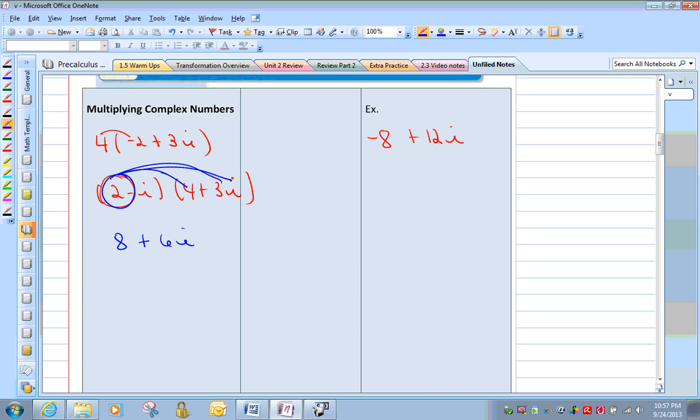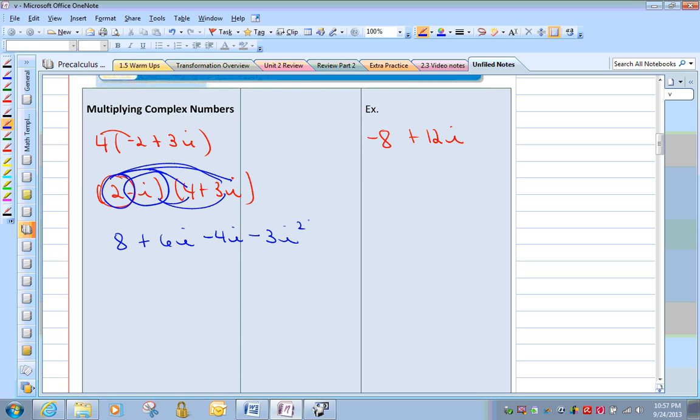And then we're going to take the second term, which happens to be a negative i here, and distribute. So we'd have a negative i times 4, which is negative 4i, and a negative i times 3i, which would be negative 3i. And then we're going to combine. Oh wait, i times i, so it'd be negative 3i squared.